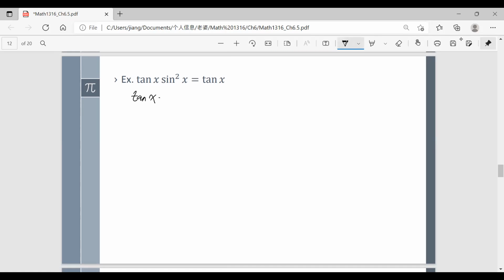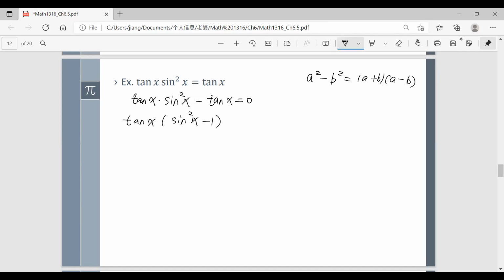Tangent x times sine squared x minus tangent x equals 0. And then pull out the tangent x: tangent x times (sine squared x minus 1). Do you still remember a squared minus b squared equals (a plus b)(a minus b)? So this is a, this is b. So tangent x times (sine x plus 1)(sine x minus 1) equals 0.